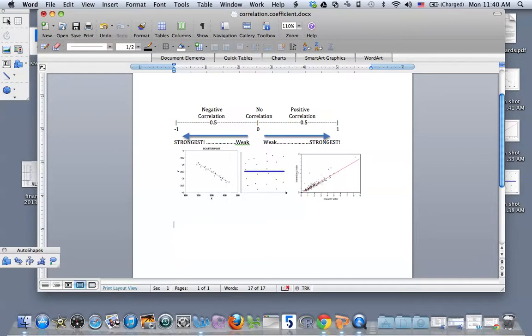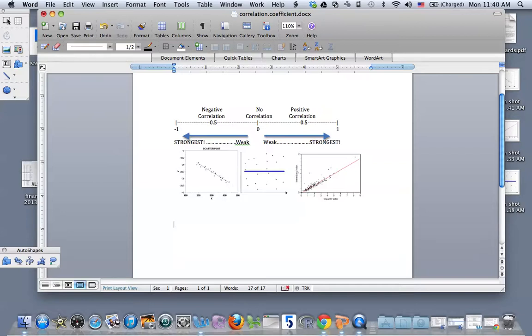The direction of the correlation: there are two different directions, positive and negative. A positive correlation is anything greater than 0, so 0.1 essentially, all the way up to positive 1. What that means is as one variable goes up, so too does the other.